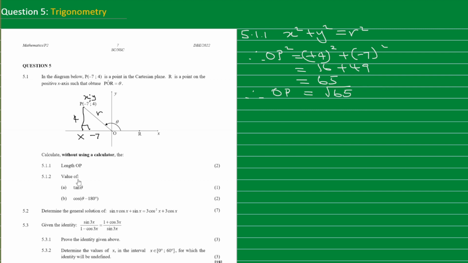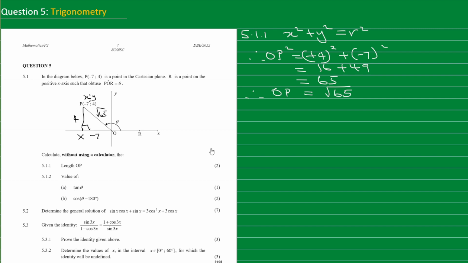5.1.2, calculate the value of tan theta. So what we have here, we now know the value of the hypotenuse OP, which is √65. So we can write our value here, that is √65.